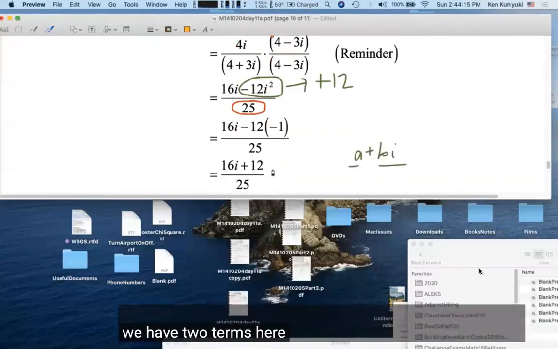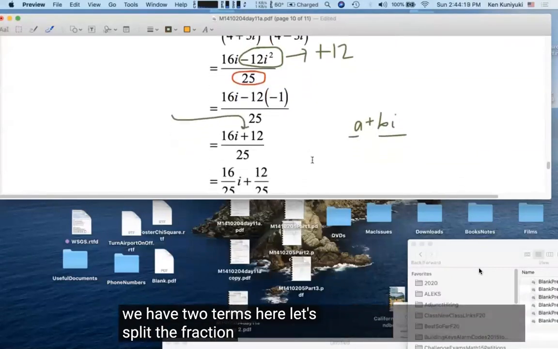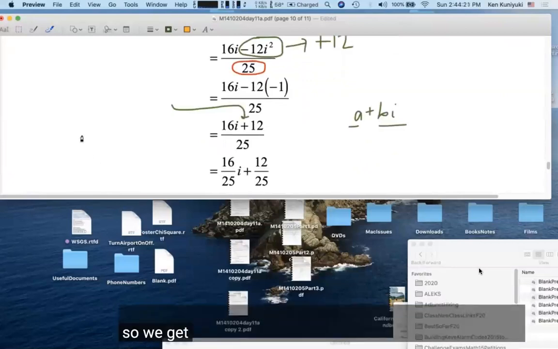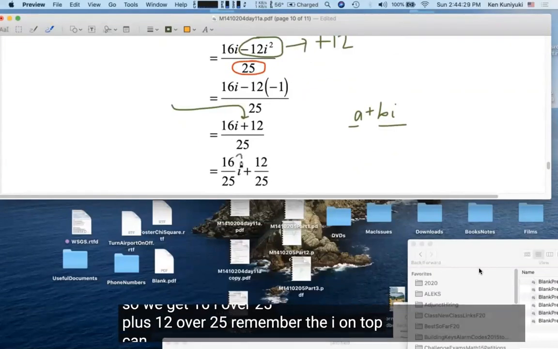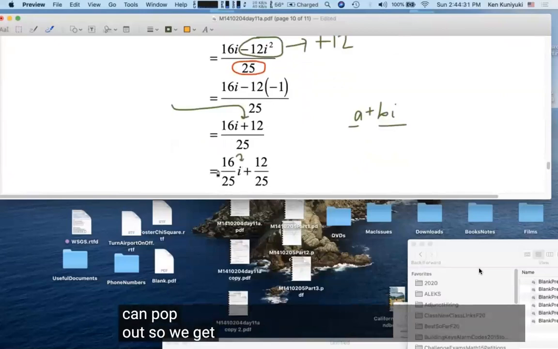We have two terms here. Let's split the fraction. So we get 16i over 25 plus 12 over 25. Remember, the i on top can pop out. So we get 16 over 25 times i plus 12 over 25. We're not quite done yet.